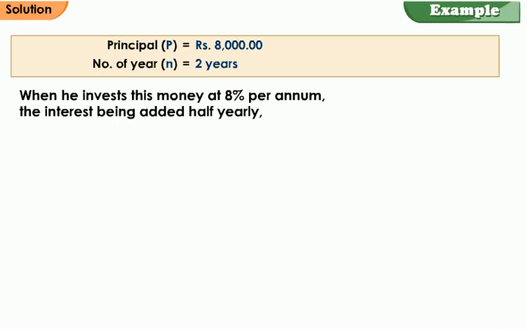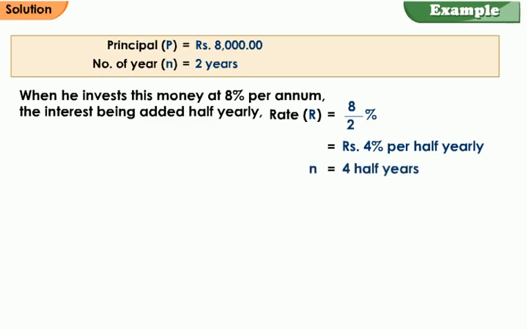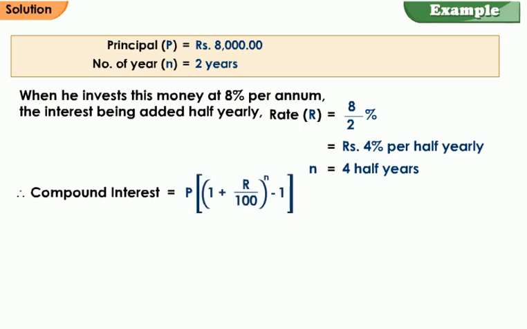Therefore, compound interest is equal to P into (1 plus R by 100) whole to the power n minus 1, where P is the principal, R is the rate, and n is the number of periods.